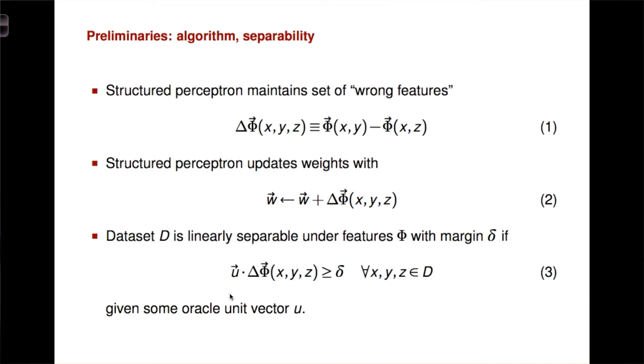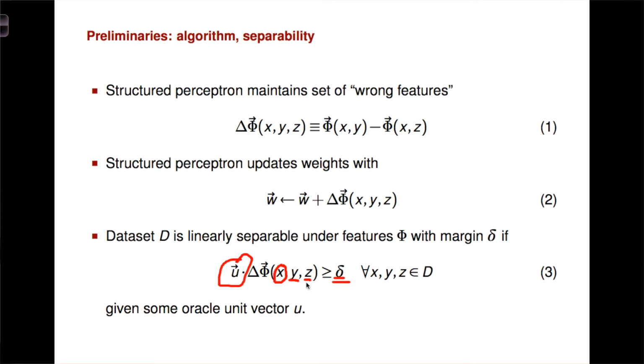We are going to assume that a dataset is linearly separable under features v with margin delta if you can find some unit vector u such that for any wrong answer, the right answer of an example x is going to be at least delta away.